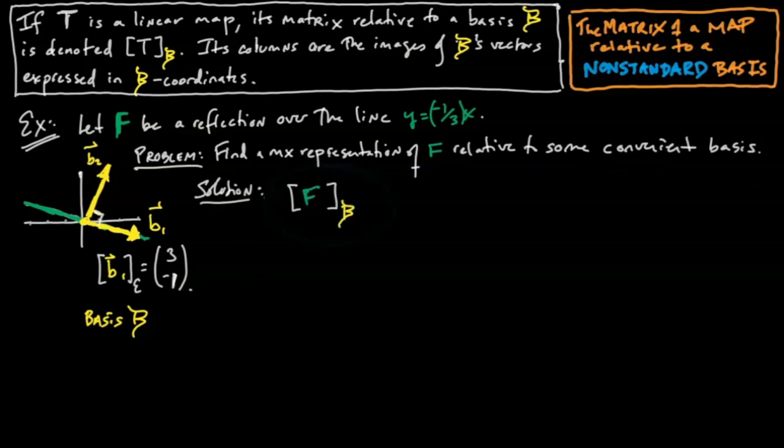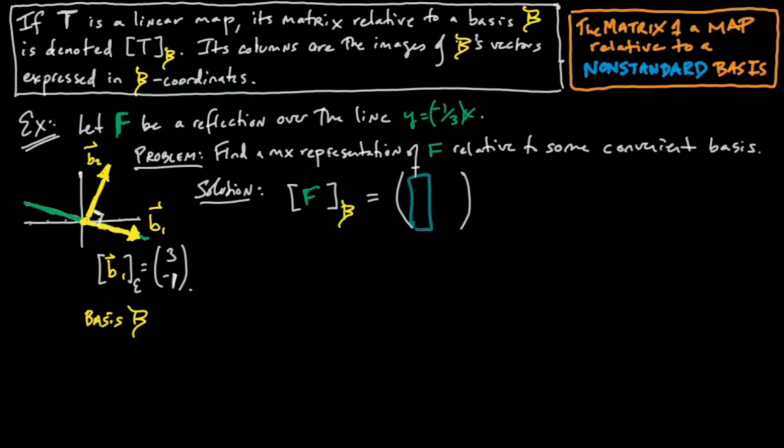The matrix representation of F, our flip over this line, relative to our hopefully convenient basis B will be, well, let's see. The first column of our matrix will be what? We'll go back to the thing we proved before. The columns of this matrix are the images of B's vectors expressed in B coordinates.